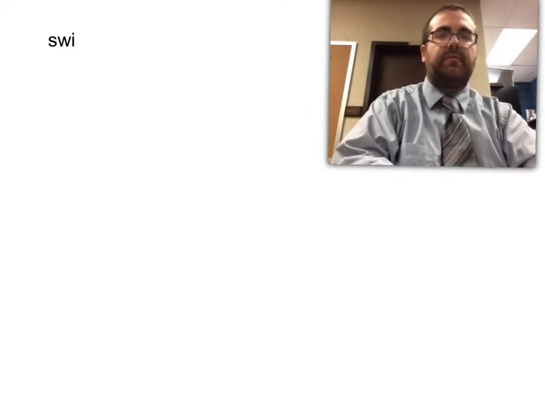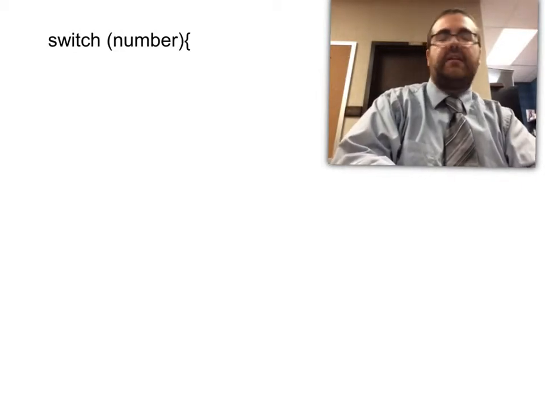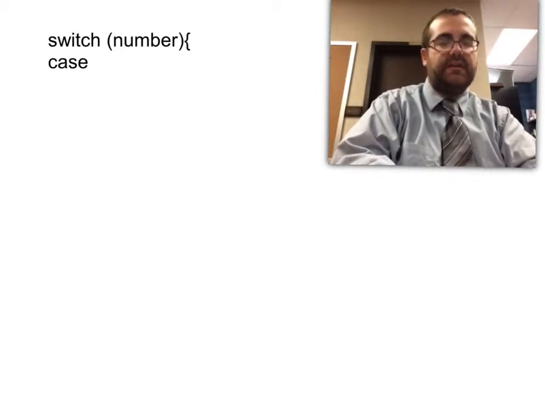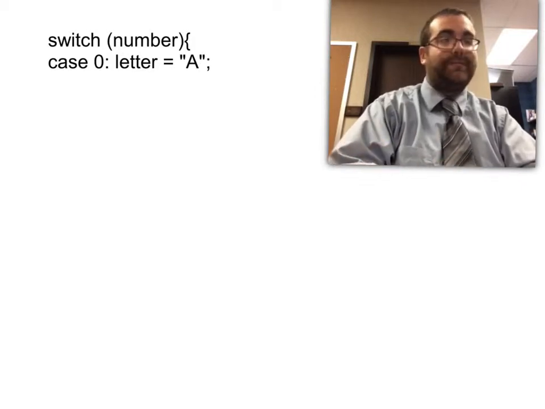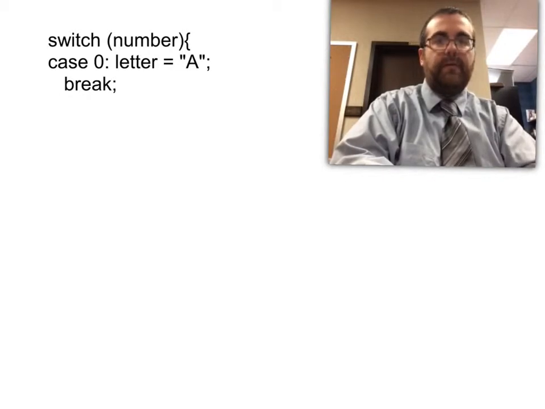So here's our example. We switch number, and this follows exactly with our case example. So case 0, our letter will equal the letter A, and that'll be a string. Because we found the letter we want, we could do break.